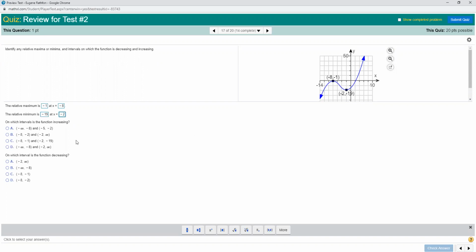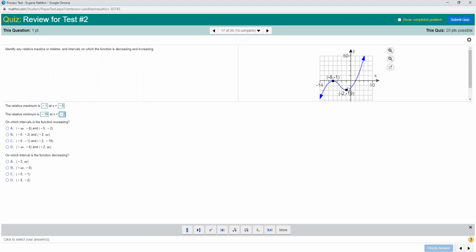And then it's going to hit you with the increasing and decreasing. So notice increasing has 2 intervals because you got 2 parts where this is going uphill left to right. This first part right here is coming in from negative infinity. It's going up, up, up until I hit that x value of -8. So it's got to go from negative infinity to -8.